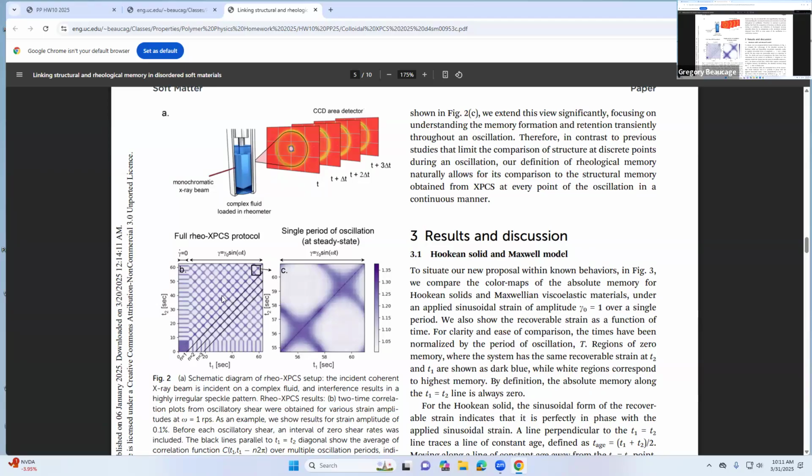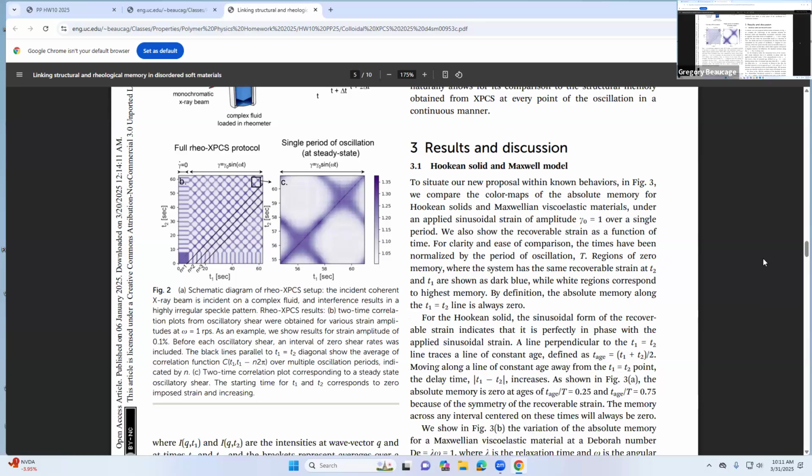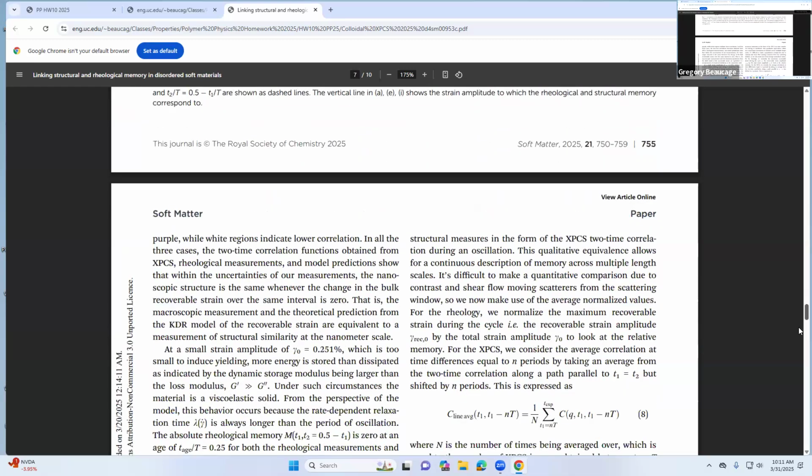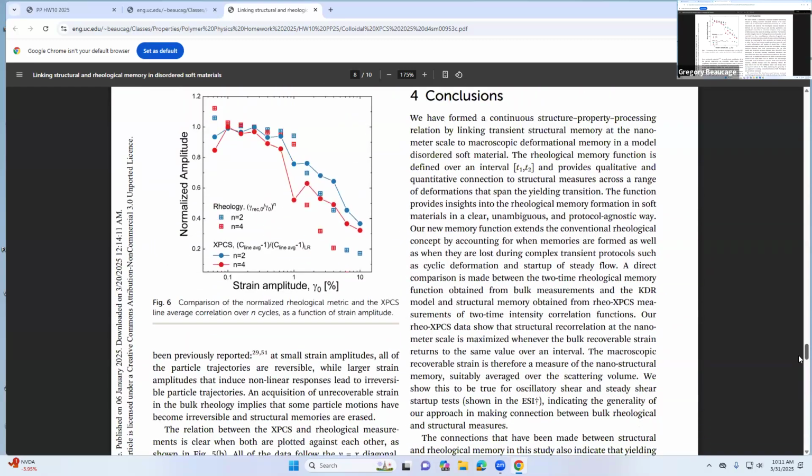So when it's 2, he's averaging 2 of them, and when it's 4, he's averaging 4 of them. He gets a different result when he averages different numbers of them, and that's why he has 2 and 4 here. I guess with 4 it's lower, you lose the correlations when you average 4 instead of 2 cycles. I'm not sure exactly why, but that's how it works.